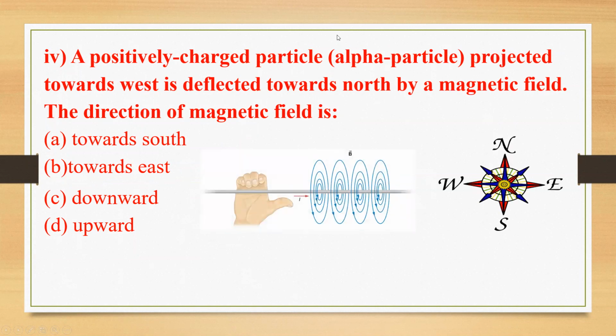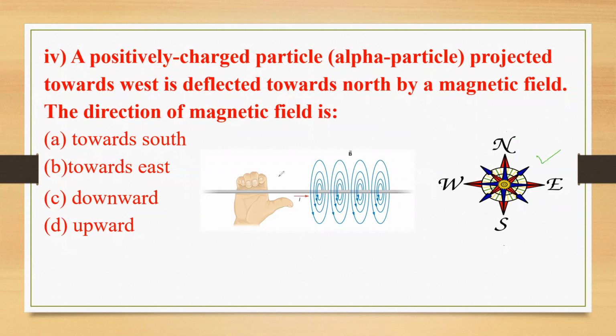Always, I am telling on your plain paper, on a plain paper, your right hand side will be the east, left hand side will be the west, and the top is the north and the down is the south. If you know the directions clearly, then it is easy to understand.